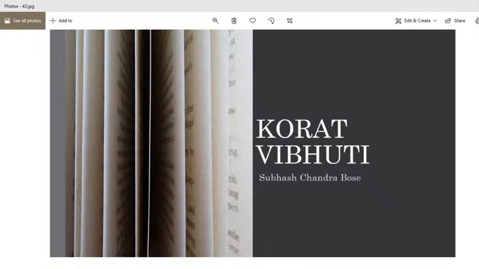But Netaji, as people fondly called him, slipped out of the house in disguise and went on a far journey. He established the Free India Centre in Berlin. Later on in Japan, Subhash Chandra Bose formed the Indian National Army, organized mainly by the Indian soldiers who were prisoners of war.